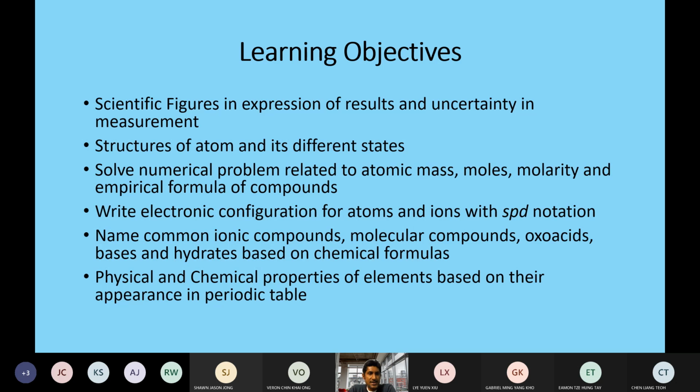So for scientific figures, significant figures, uncertainty, all those things we will be learning. Afterwards, we'll learn the structure of atoms and atomic mass, moles, analytical and empirical formula. The SPD notation for the atoms and electronic configuration will come later on. But before that, the scientific figures and significant figures we will learn first.